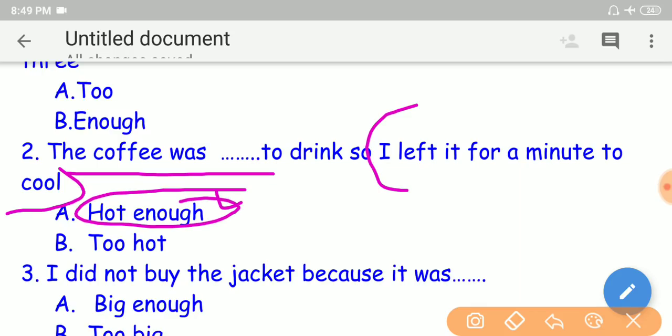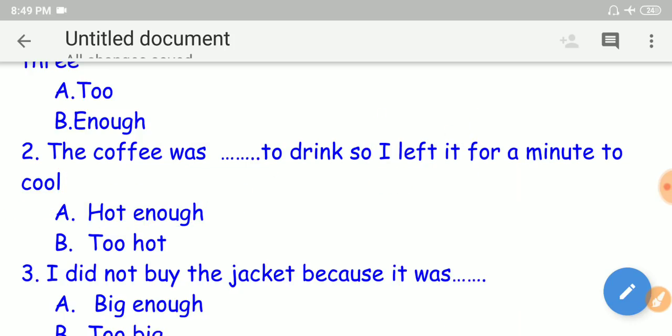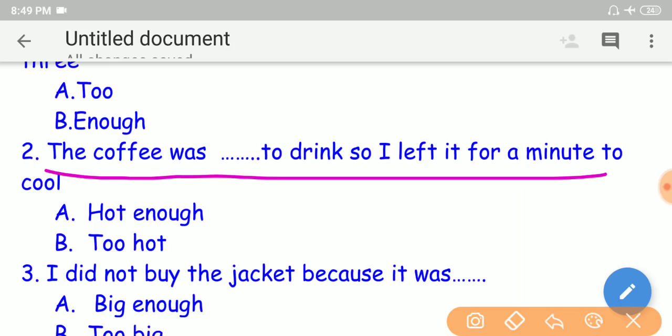If the clause, I left it for a minute, is not mentioned, then enough is used. But here it is mentioned. So that's why the correct answer is: the coffee was too hot to drink.